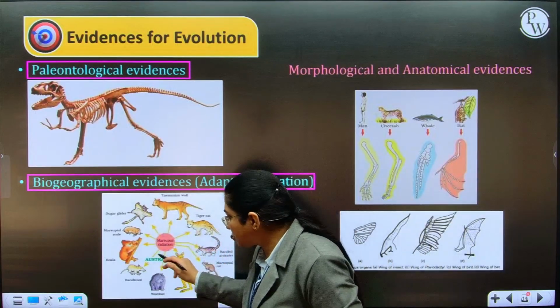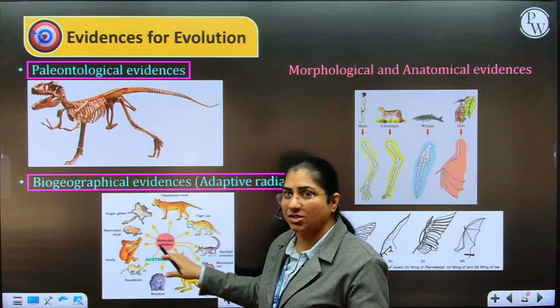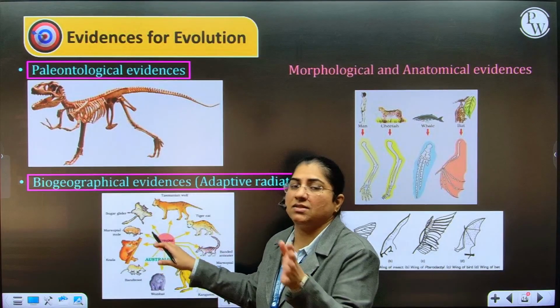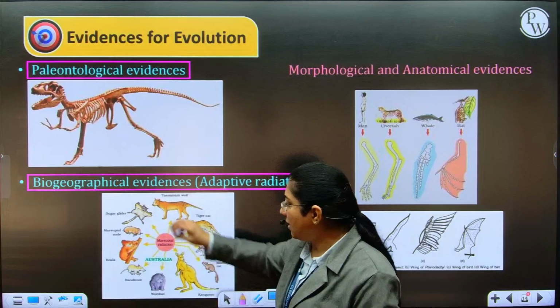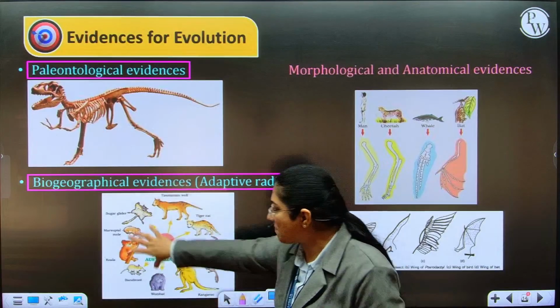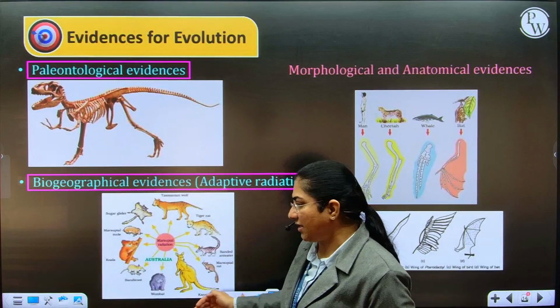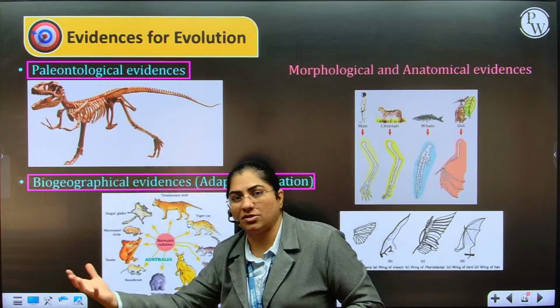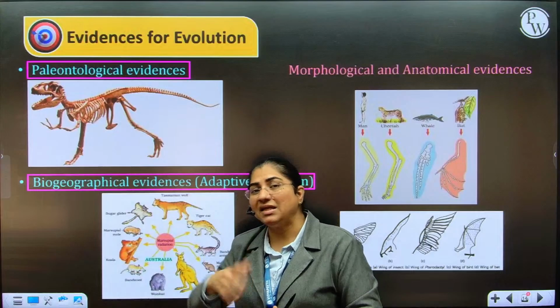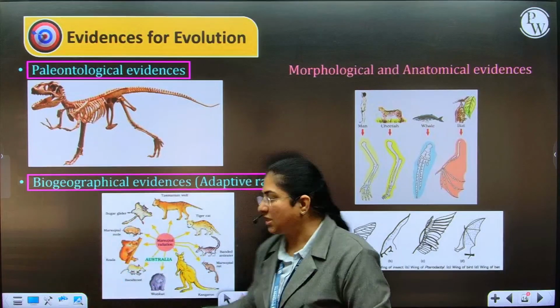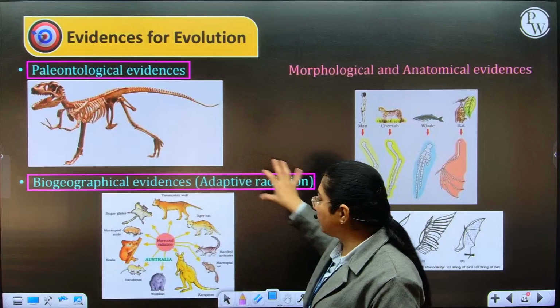So there was an Australian marsupial ancestor. As their population kept on increasing, they migrated to different parts of the Australian continent, settled in different geographical areas, and adapted to that particular geographical area, thereby evolving into different organisms. So what does adaptive radiation say?